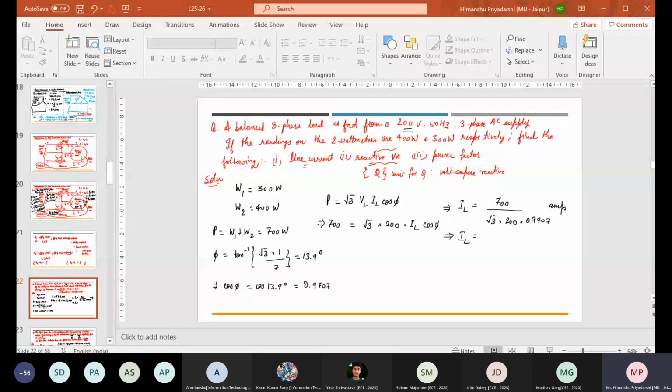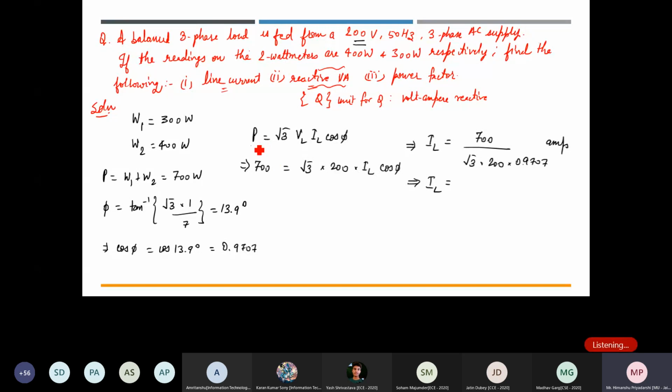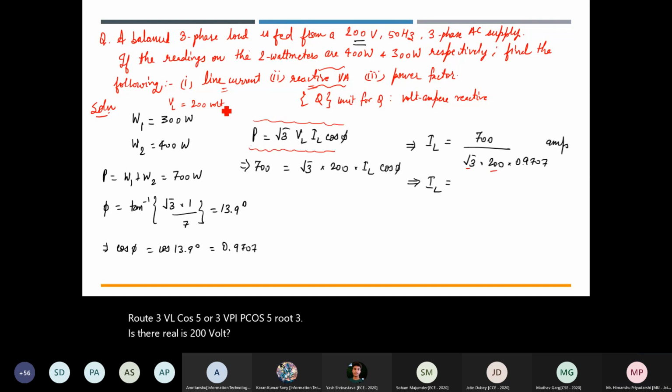This formula is correct, right? Yes sir. P will be root 3 VL IL cos phi or 3 VP IP cos phi. Root 3 is there. VL is 200 volt. Okay. And cos phi is 0.9707. So if you use this, what is the value of IL you are getting?